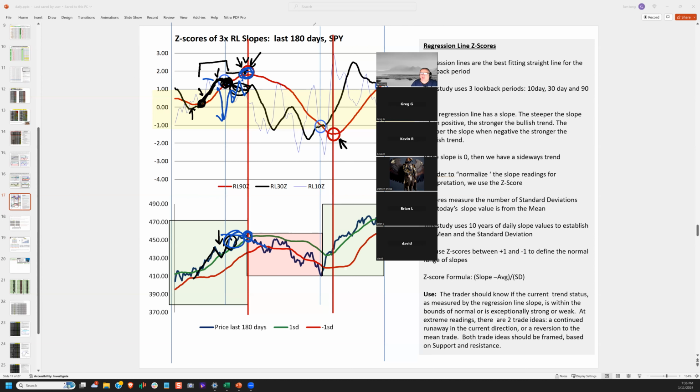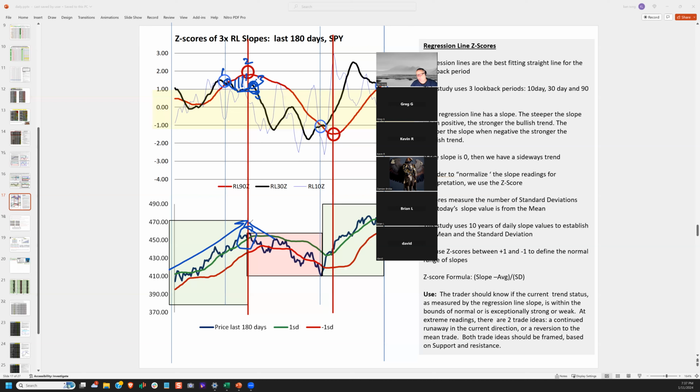So you get a warning when the RL30 crosses back below the 90. And now here, when this little recovery cannot even get to the RL90, but instead rolls over, it looks like a collapsing dragon. So now you have a clear confirmation, like 1, 2, 3, that this full run up is over.